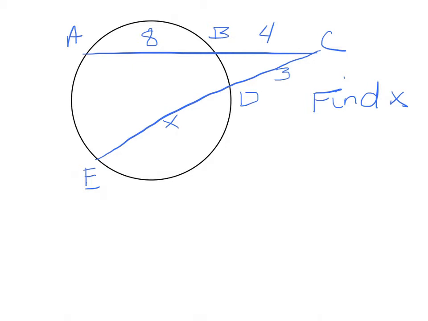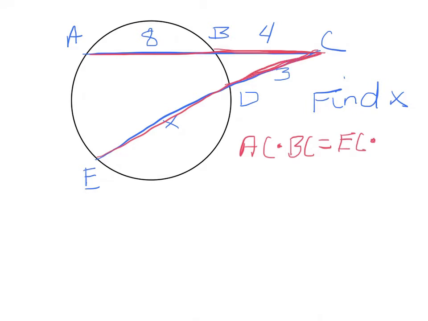The secant AC times its external secant segment BC is equal to the segment EC times its external secant segment DC.